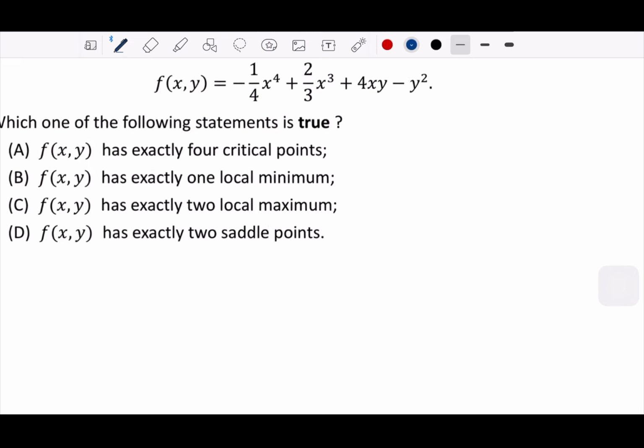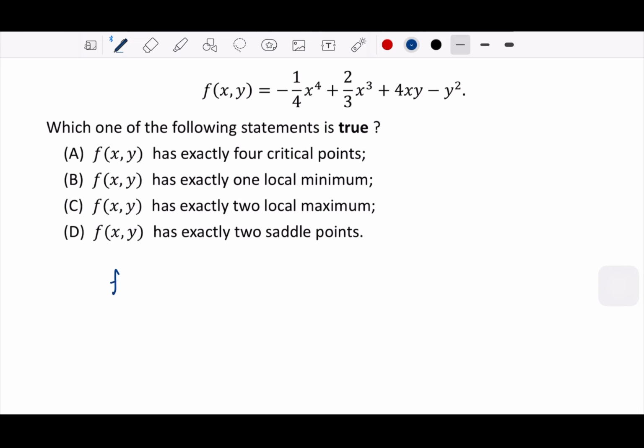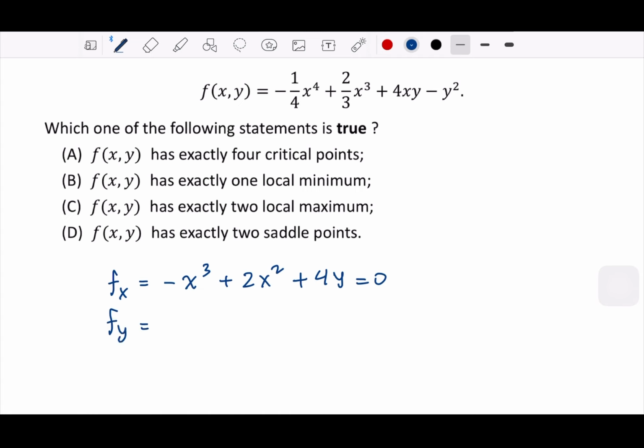Okay, now we can start to write down the partial derivative for each function. So we will have minus x cubed plus 2x squared plus, sorry, plus 4y should be equal to 0, and then partial y will be 4x minus 2y.